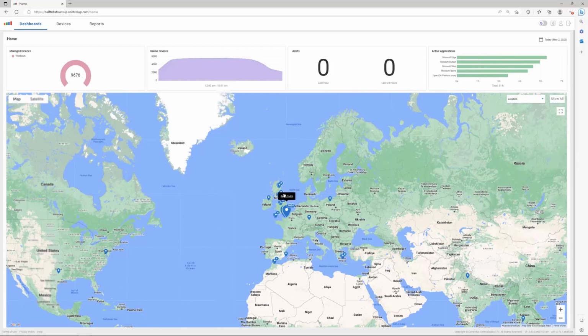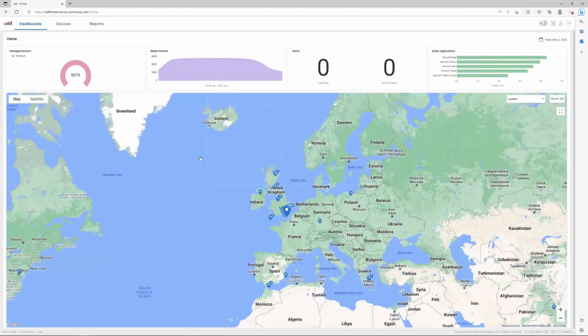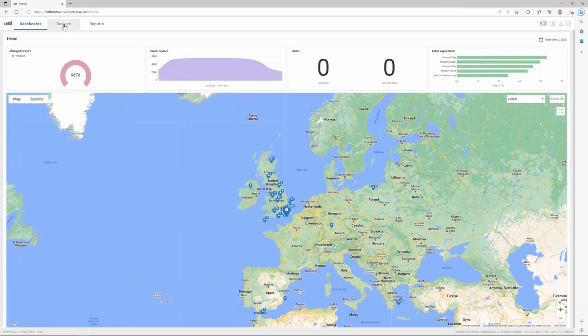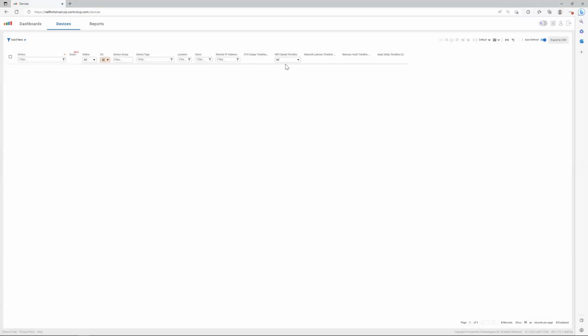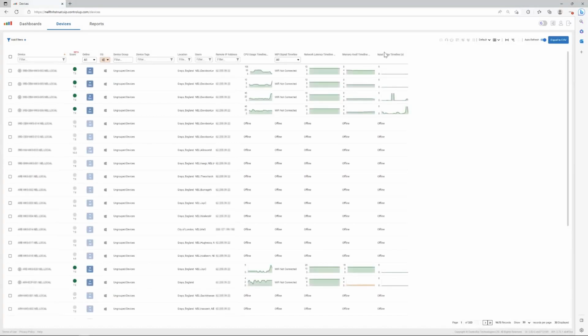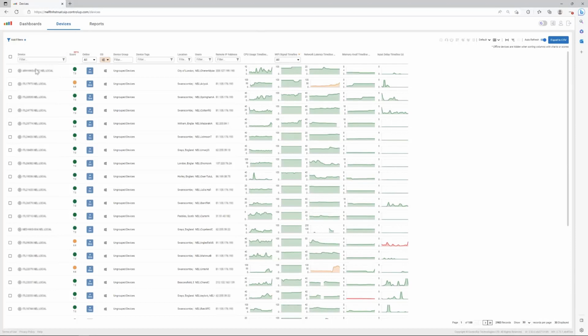Let's go ahead and just take a look at a device itself. Here's our map, but let's pull up a device and see what kind of metrics are available there. For quite a while we've had some Wi-Fi signal and network latency on this page, and if we dive down onto a specific device, we've always had these network metrics, but people have really used this in a reactive mode, right?